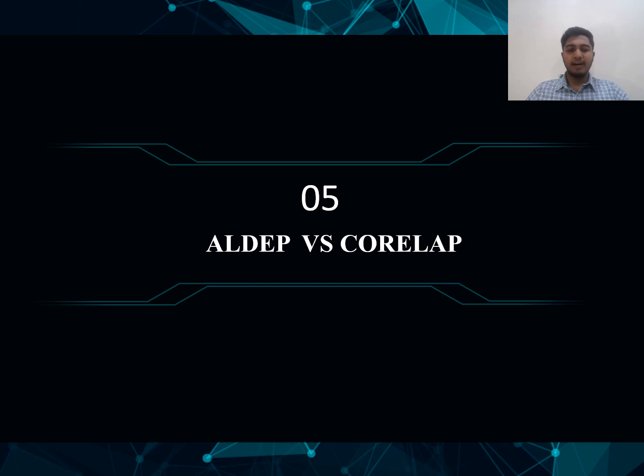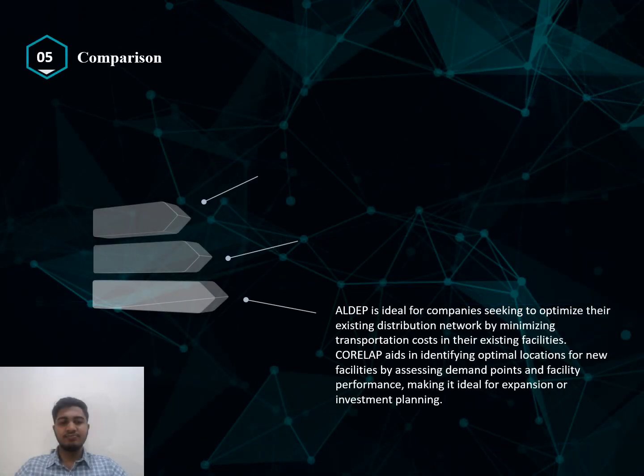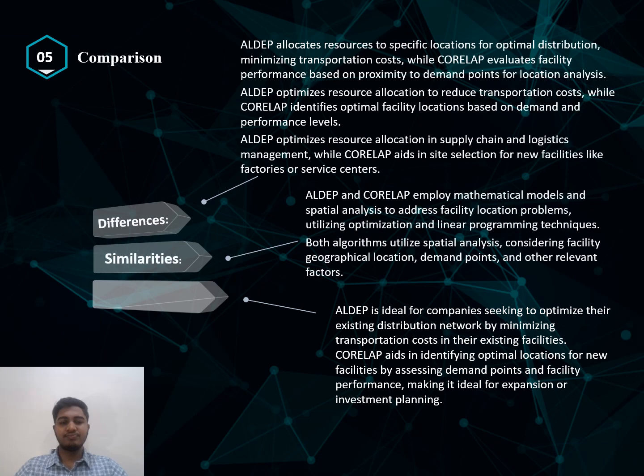Now let's compare ALDEP versus CORELAP. The differences between ALDEP and CORELAP. ALDEP allocates resources to specific locations for optimal distribution and minimal transportation cost, while CORELAP evaluates facility performance based on proximity to demand points for location analysis.